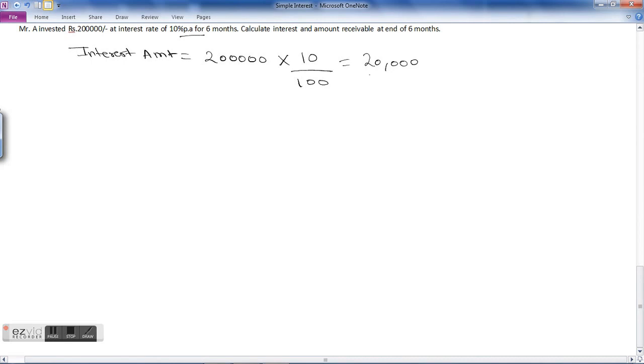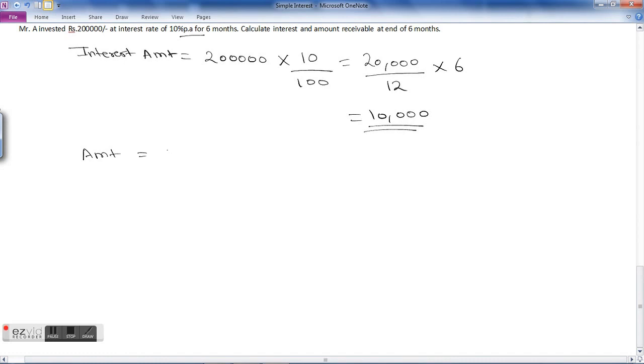This is for 12 months. We have to calculate for 6 months, so we have to divide it by 12 into 6. So the amount of interest comes to 10,000. Correct? Now what is the total amount receivable?